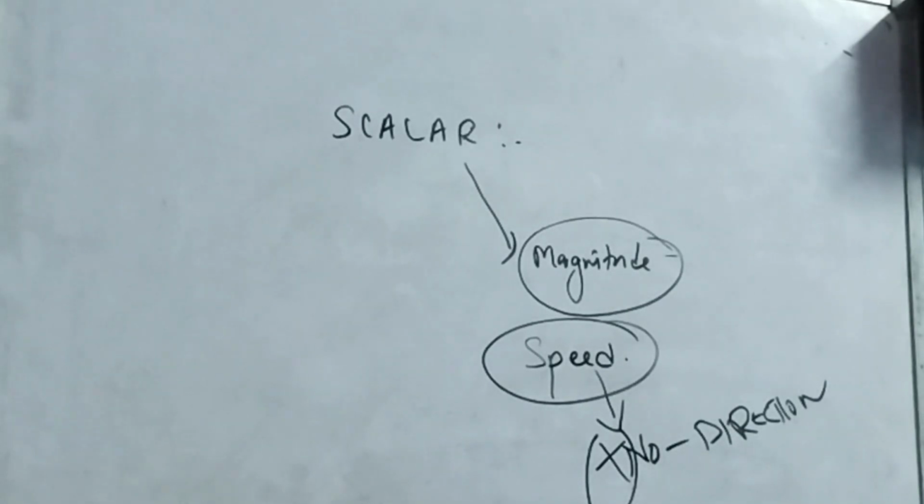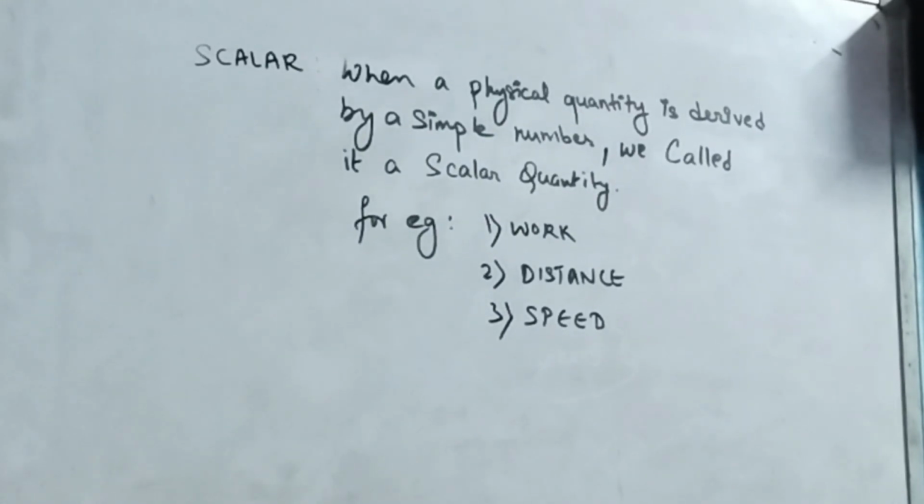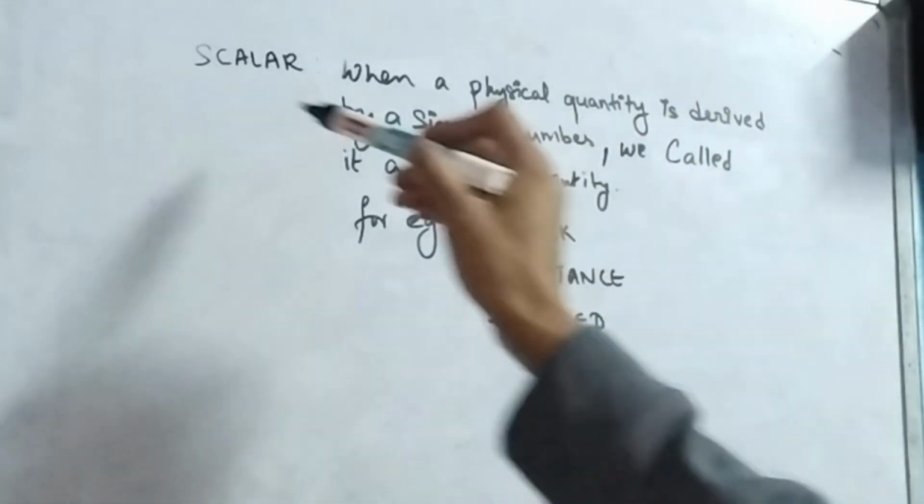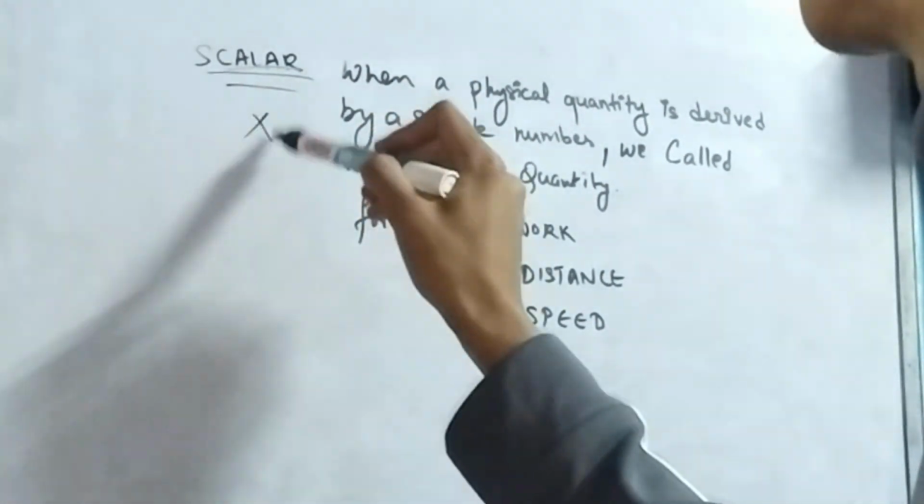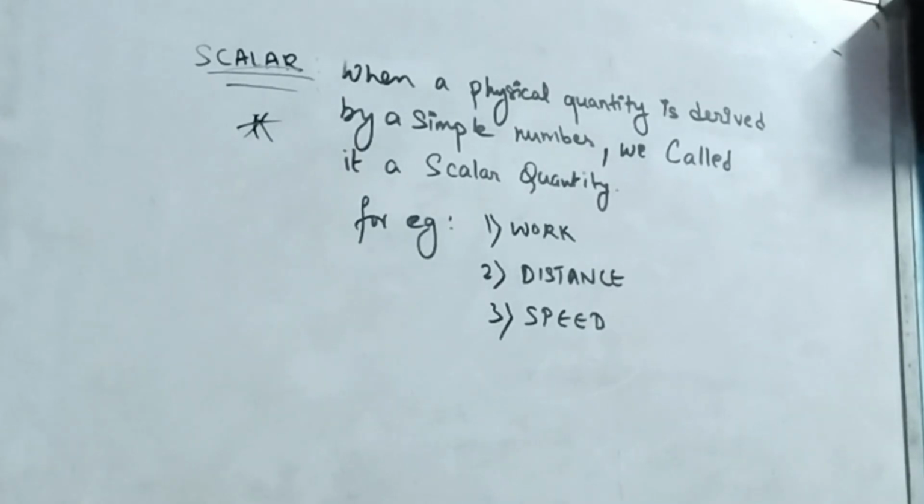Please note the definition. When a physical quantity is derived by a simple number, we call it a scalar quantity.